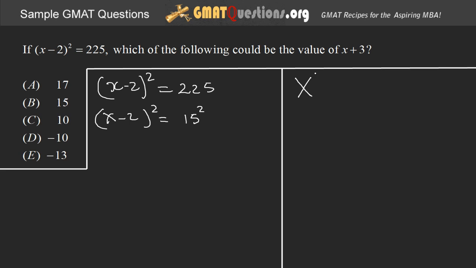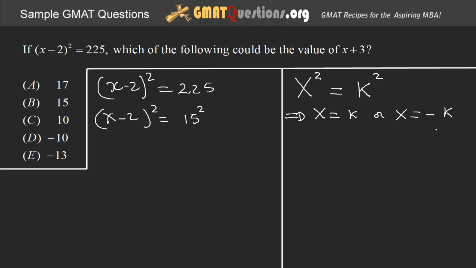You have in general a variable x, so x squared is equal to k squared. The solution to this is x equal k, don't forget, or x equal negative k.